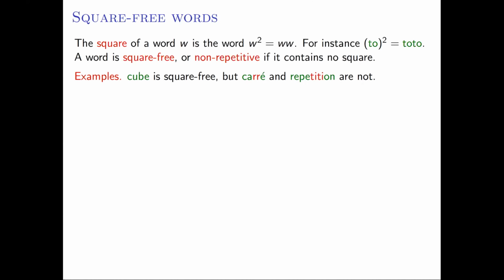Once you have this definition, a very natural question is whether, given some alphabet, you can construct large words that are square free. And if you can do that, how many letters do you need in your alphabet to construct large square free words?